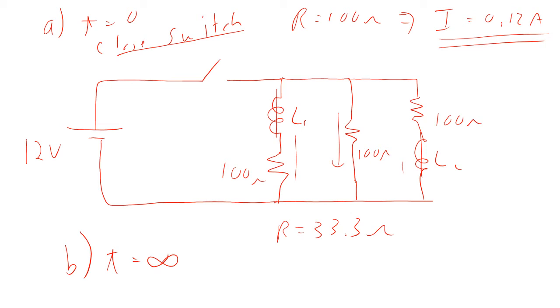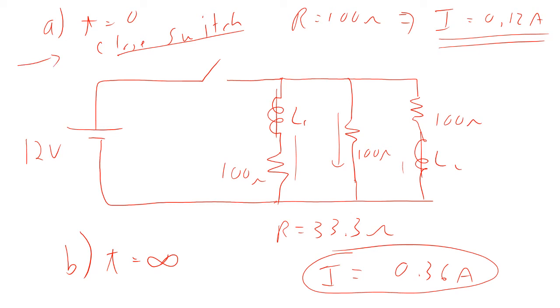And so the current, 12 volts divided by 33.3, is going to be equal to 0.36 amps.